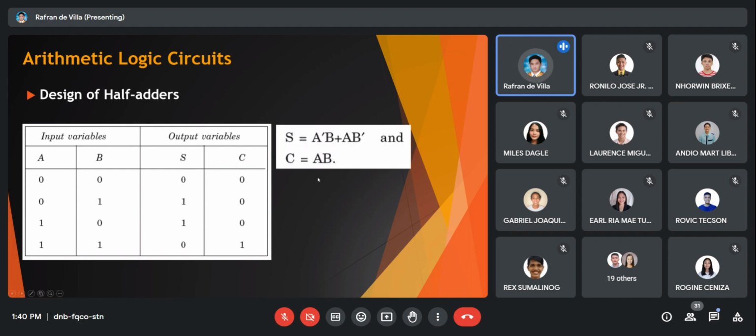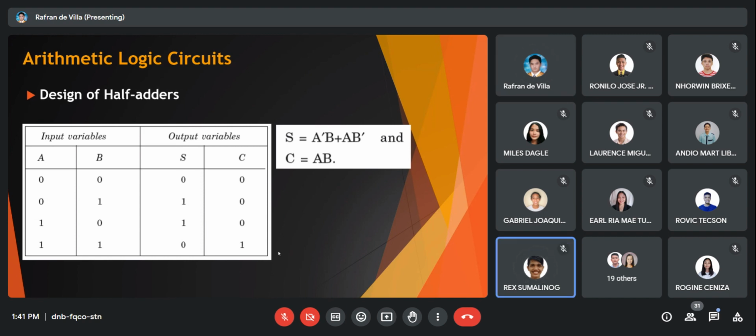Going through the process of designing based on a given truth table, you could make use of a K-map. In this case, since we're working with only two inputs, it is easy to design the circuit. Looking at the truth table alone, the sum is basically what gate? XOR, sir. That is plainly an XOR. And how about for the carry?